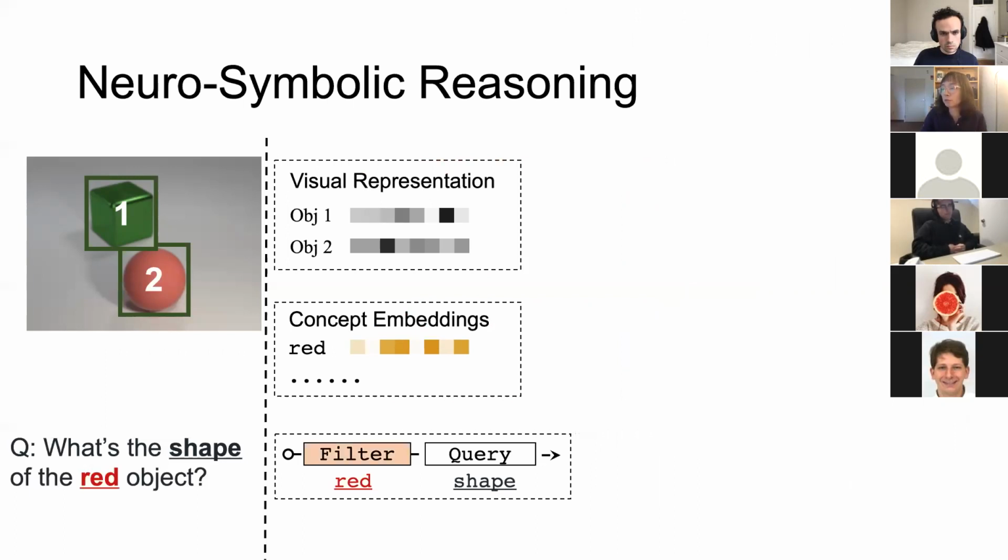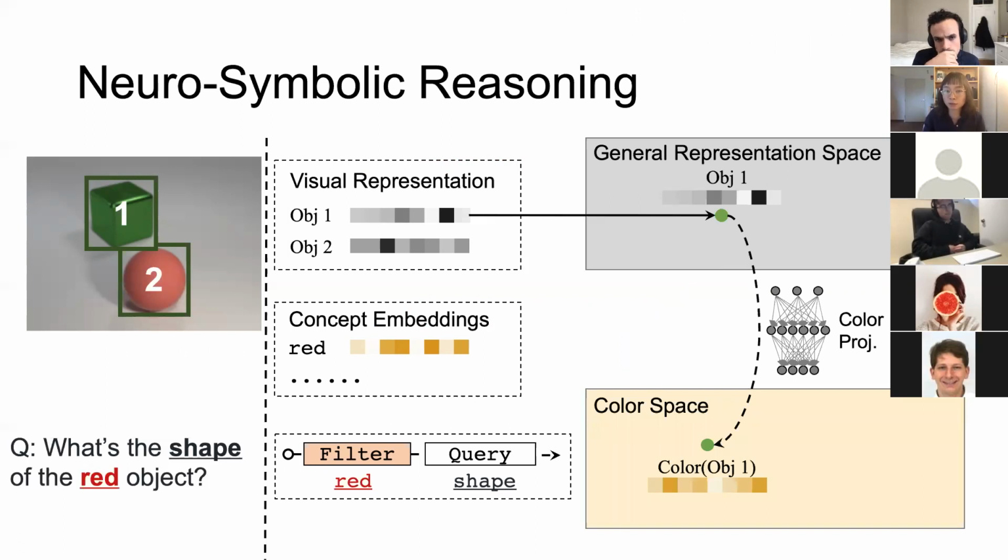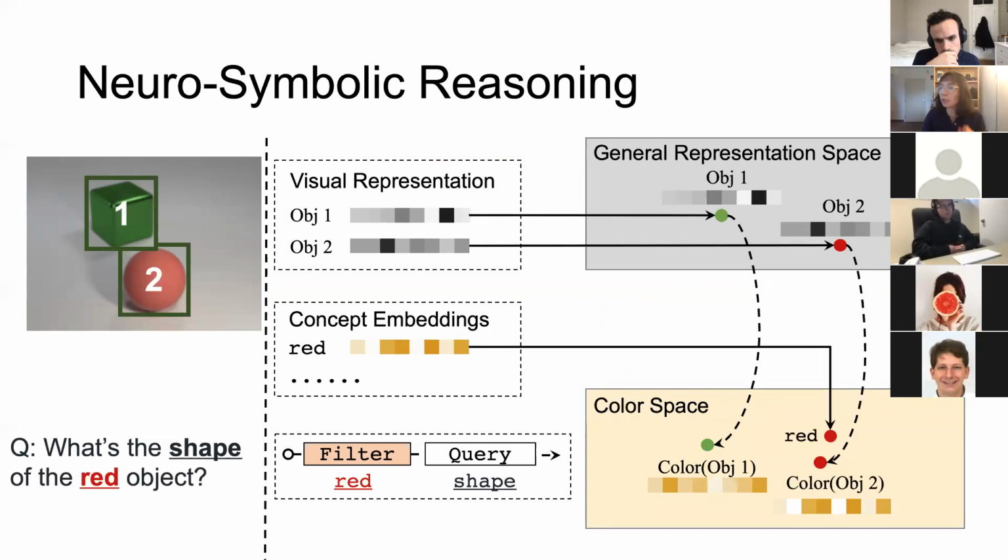Starting from the first filter red operation, for each of the objects in this scene, we can use a small neural network to project its visual representation into a color space. And the concept red will also correspond to a vector embedding in this color space.